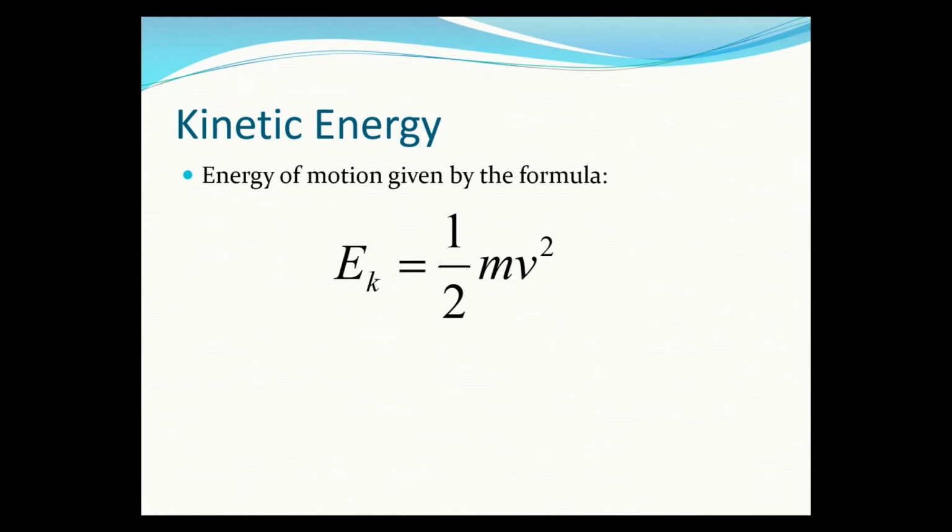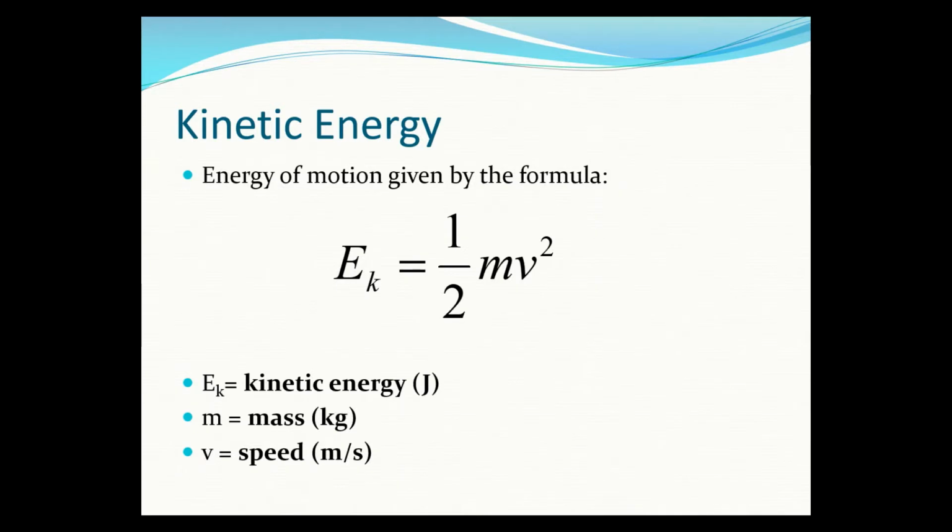So kinetic energy you're familiar with. It's got the formula EK equals 1/2 mv squared, right? And you did this in Science 10, where EK is your kinetic energy, m is your mass in kilograms, and v is your speed in meters per second.